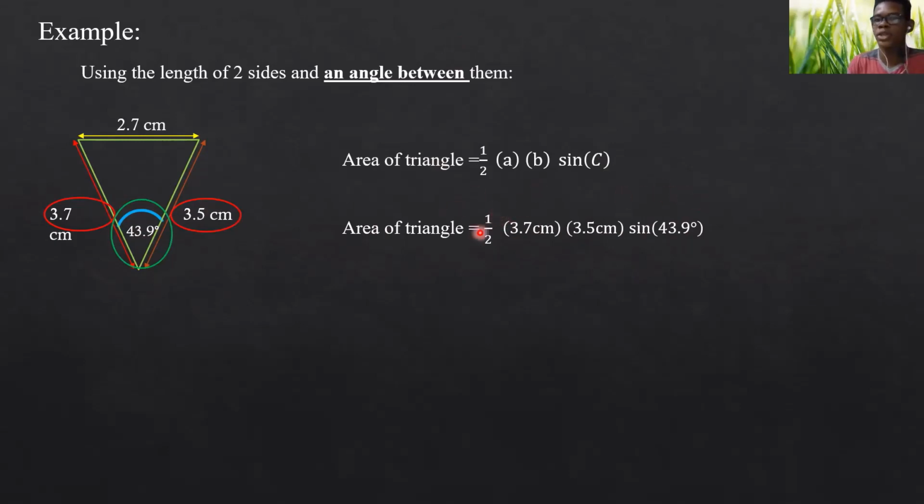So just plug this into your calculator, you should be fine. Now, one thing I want to mention, I will do that when we're doing tricks, don't worry. So half 3.7 centimeters multiplied by 3.5 centimeters sine 3.9 degrees. What's the answer here? I got 4.49.